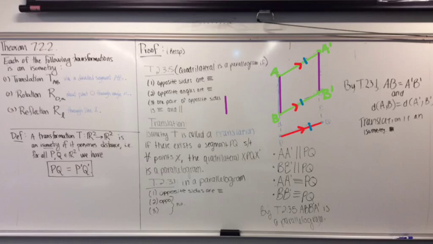You'll recall that Theorem 2.3.5 guarantees for us that having one pair of opposite congruent parallel sides is sufficient to create a parallelogram. Therefore, since this is a parallelogram, we can also deduce by Theorem 2.3.1 that the other pair of opposite sides are also congruent. Namely, AB is congruent to A prime B prime. And that shows for us that this transformation has preserved distances and therefore is an isometry.